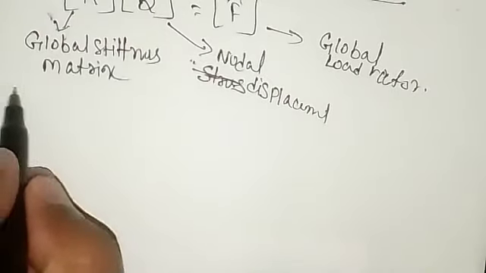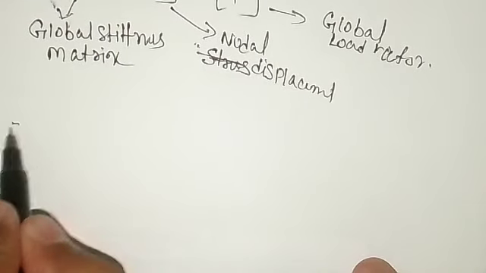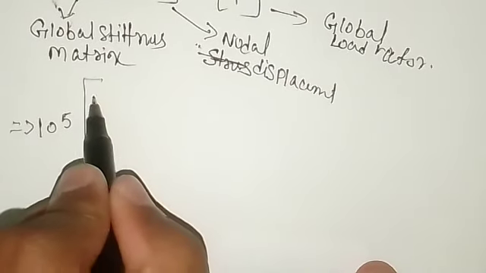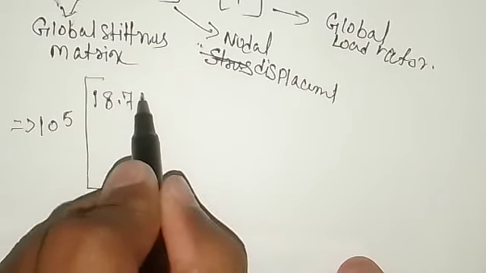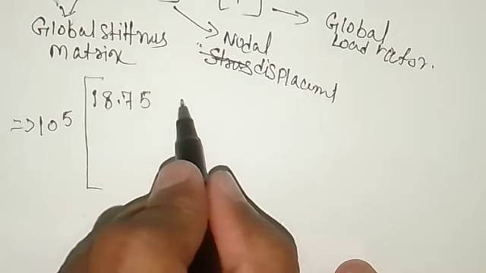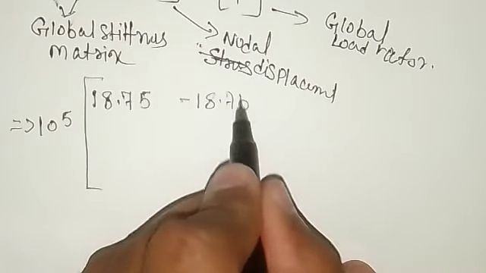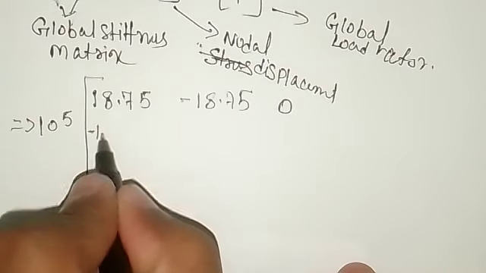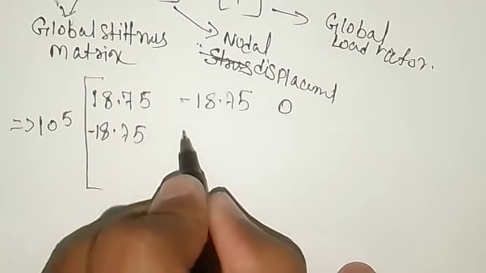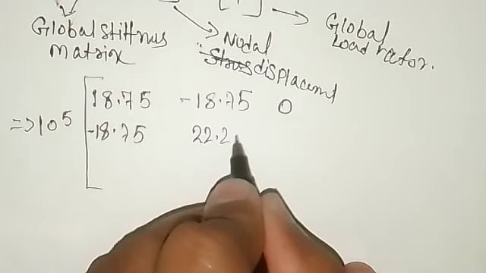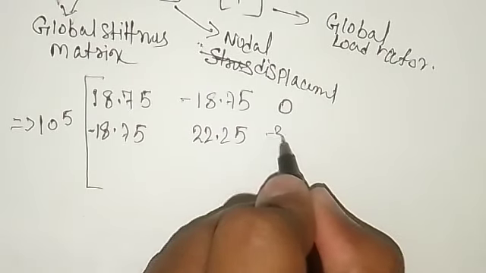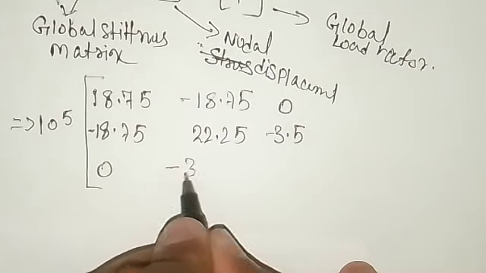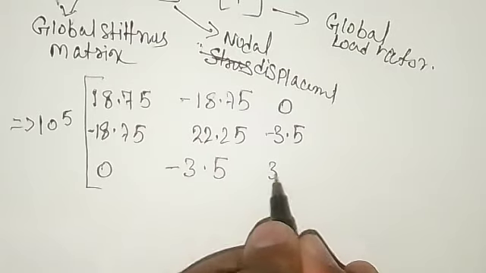So we will see first, K is equal to 10 to the power of 5 of whatever K we have calculated: 18.75, minus 18.75, 0, minus 18.75, 22.25, minus 3.5, 0, minus 3.5 and 3.5.